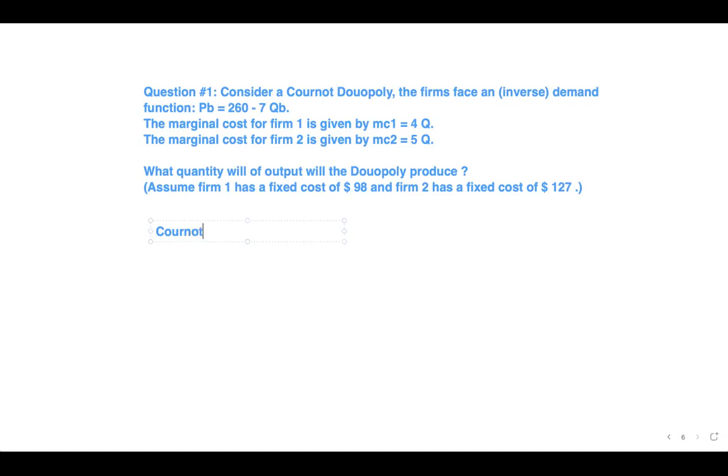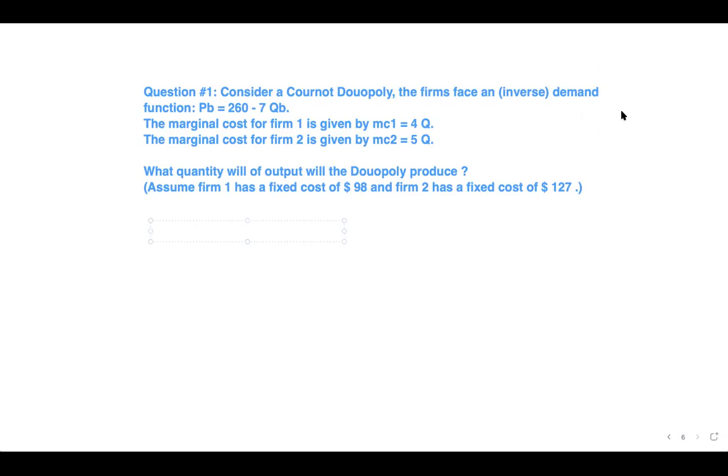Do you have any idea, Noah or Joshua? I remember in the videos we talked about residual demand, but we're doing the output for both, so I'm a bit confused. Yeah, right. And so that's exactly where we would start.